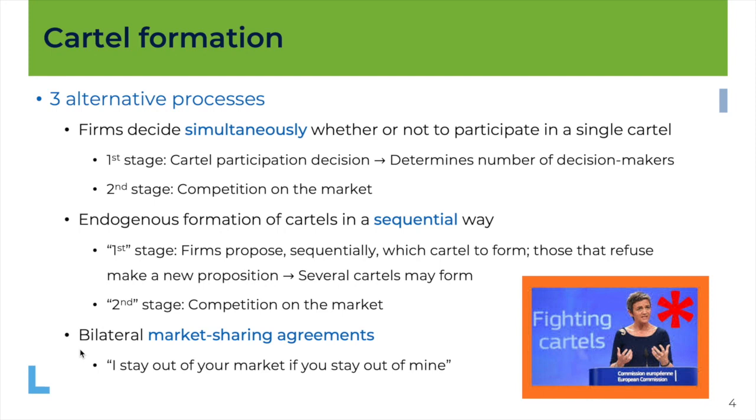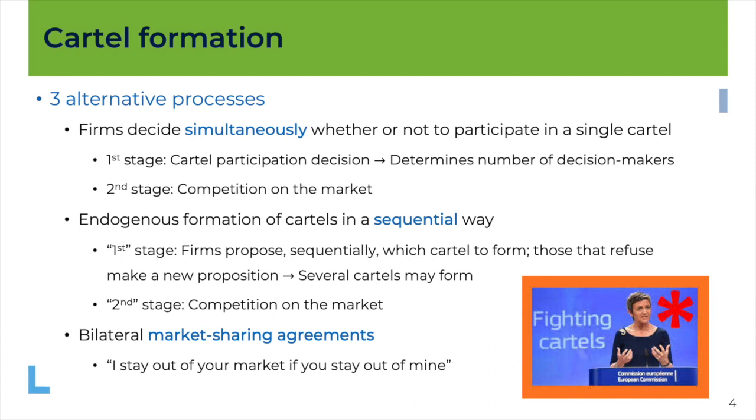Finally, the third process by which firms could form a cartel happens in different situations where firms can be assigned to a particular market, think of different countries, for example, or different market segments. Some firms serving, for example, businesses and others serving consumers.